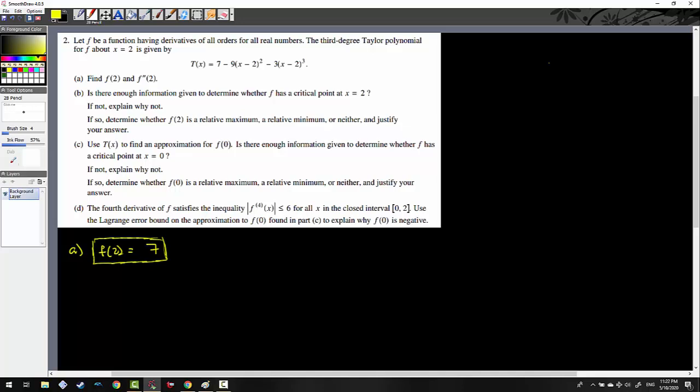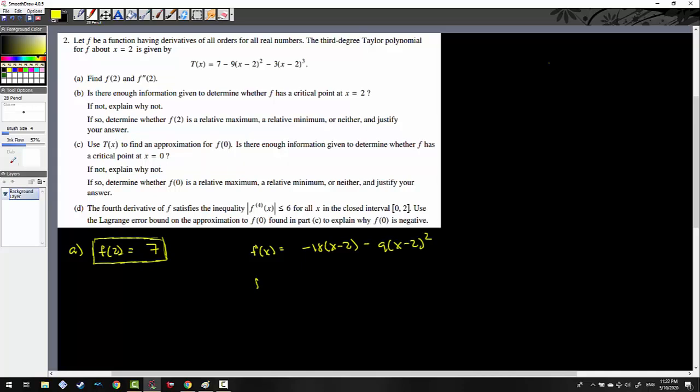If I'm going to find f double prime of 2, I better find f double prime of x. And if I'm going to find f double prime of x, I better find f single prime of x. Well, that's going to be negative 18 times x minus 2, minus 3 times 9 times x minus 2 squared.